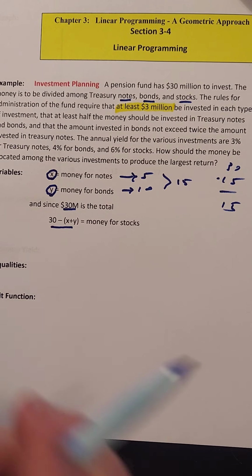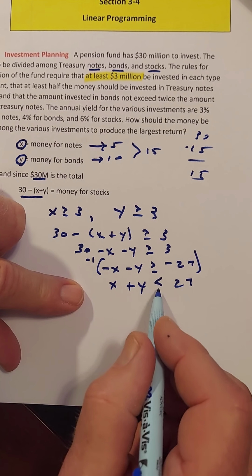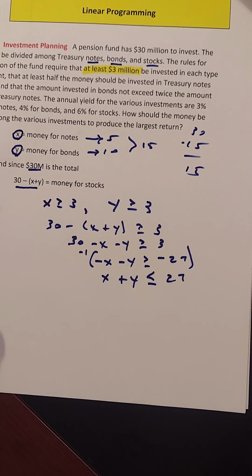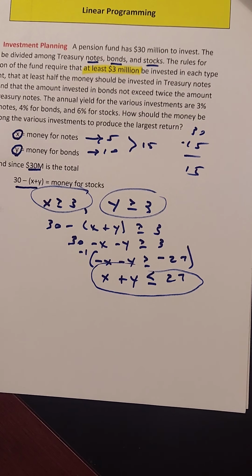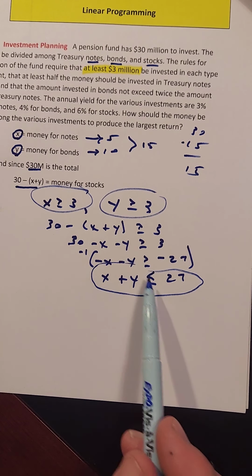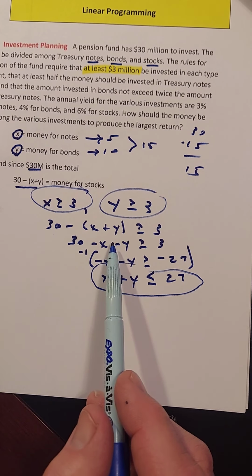And if I multiply everything by negative 1, that makes that a positive X, makes it a positive Y, makes that a positive 27. And remember, when you multiply by a negative, it flips the sign around. So far I've got 3 inequalities. This makes a whole lot more sense than what I started with here.